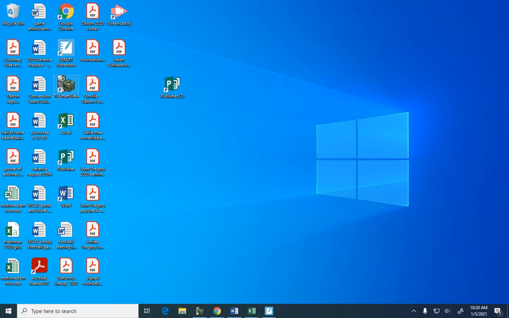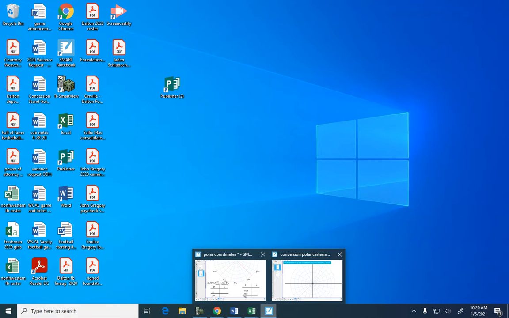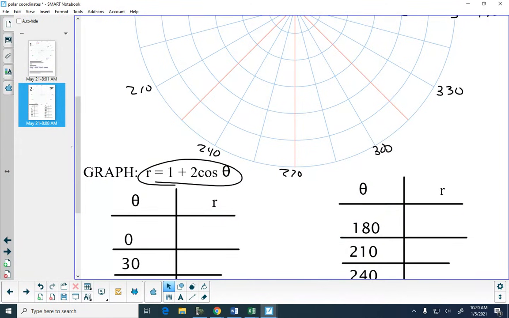So you're going to want to pull out your calculator. Make sure you're in degree mode. And all we're going to do is plug in values of theta there.